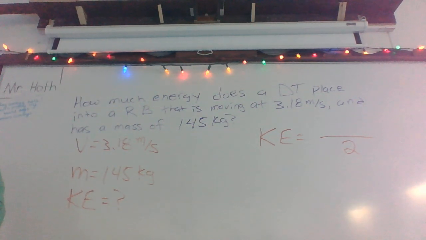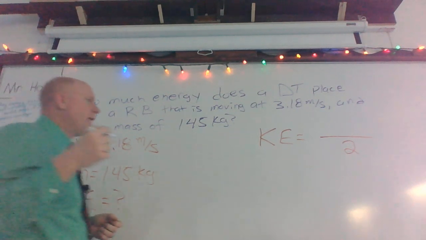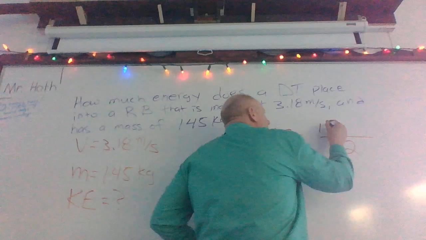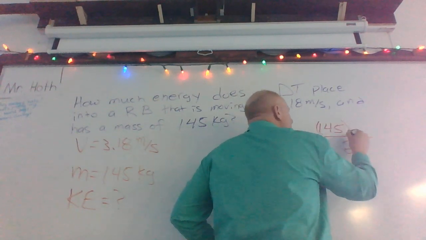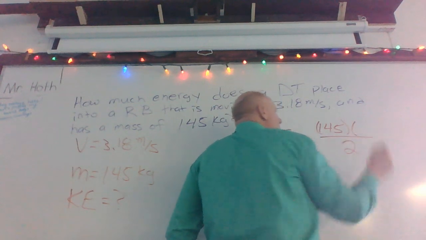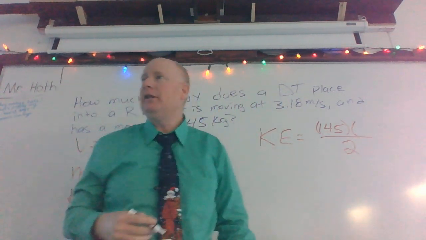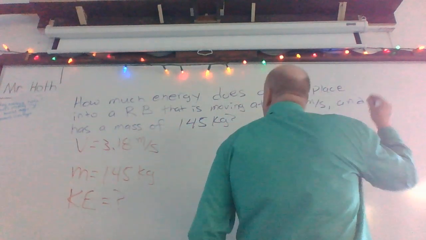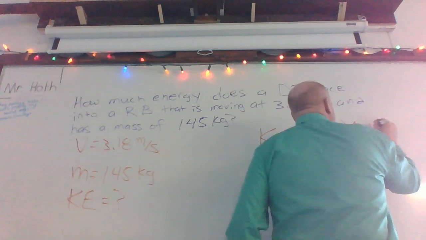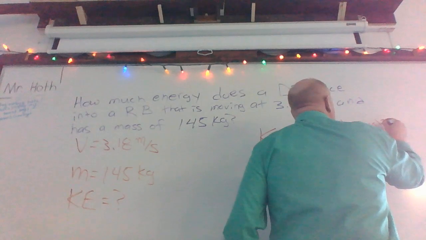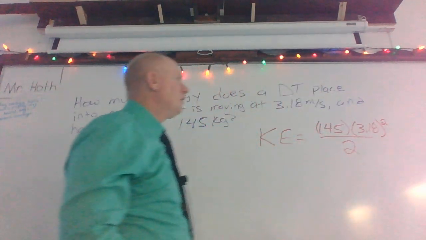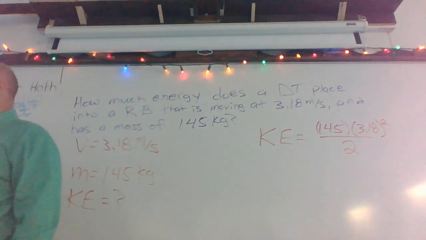Because a lot of you said it. Mass times velocity. So we've got 145, and then times velocity squared, which is 3.18. And don't forget to put that little 2 up there.